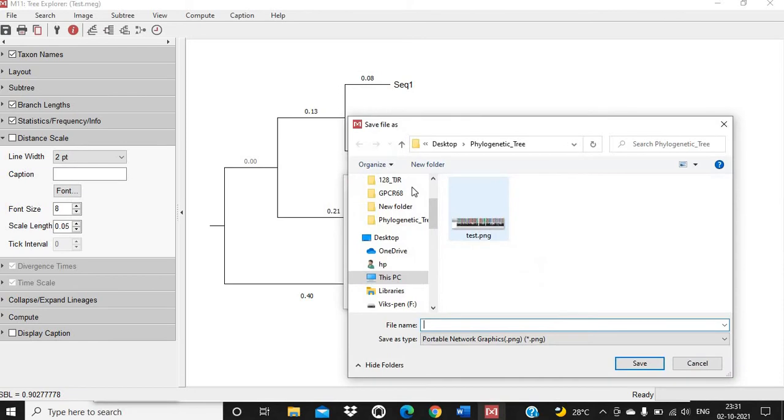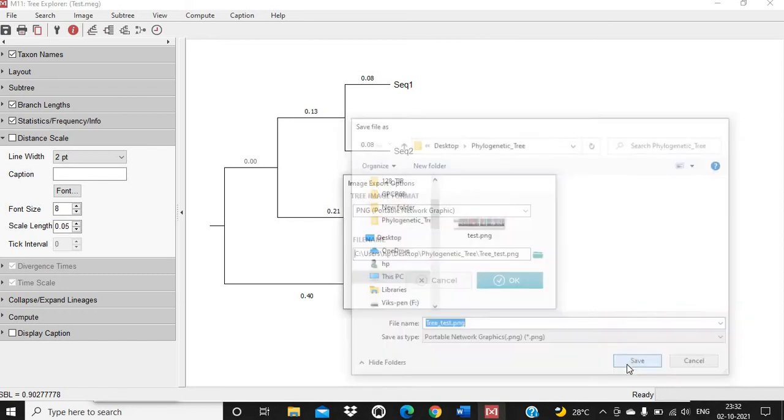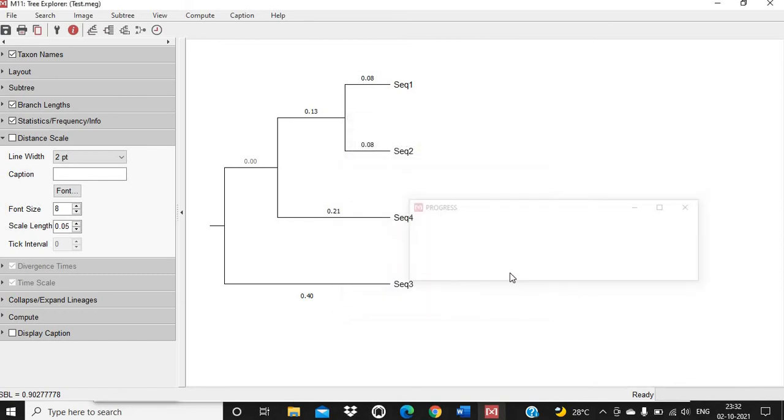So here, tree test.png. So in this way, you can construct a tree.